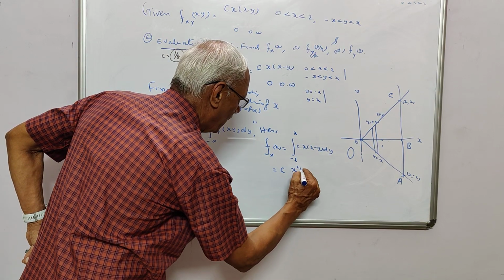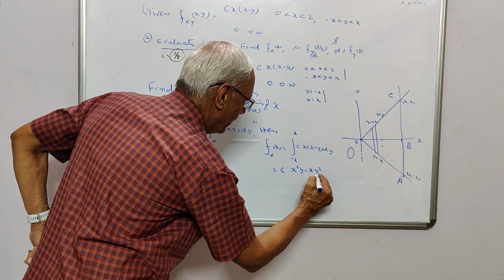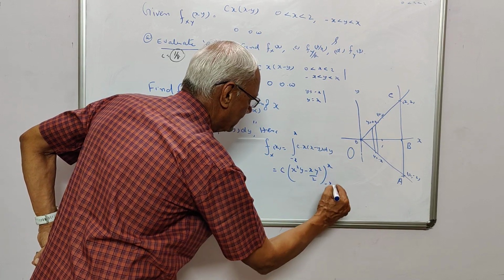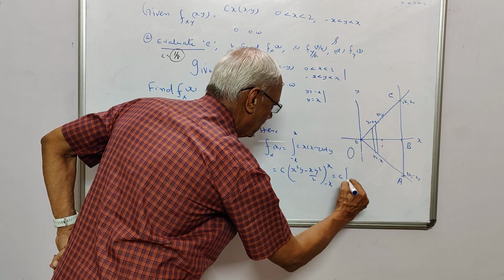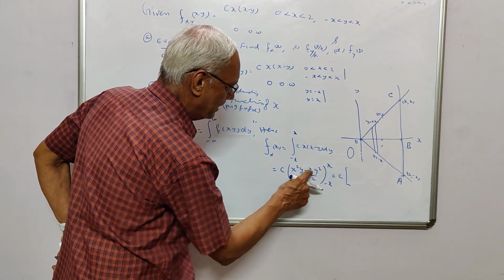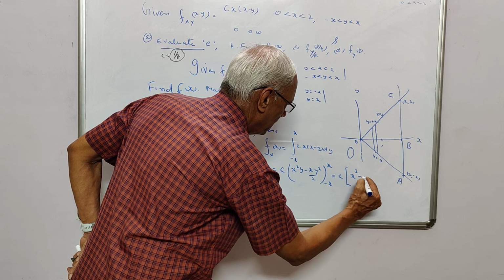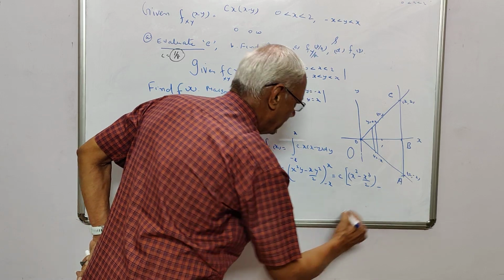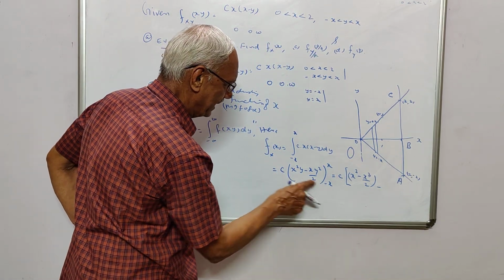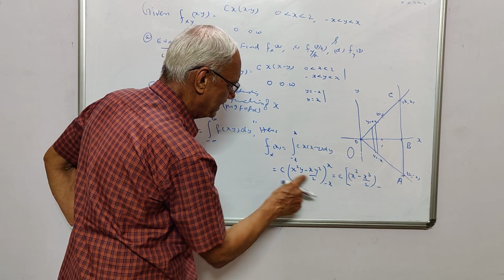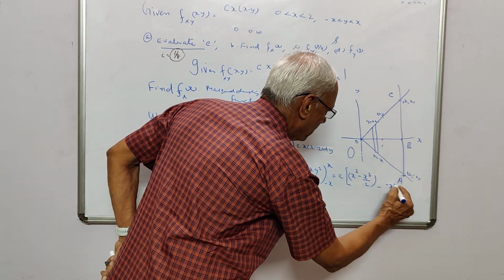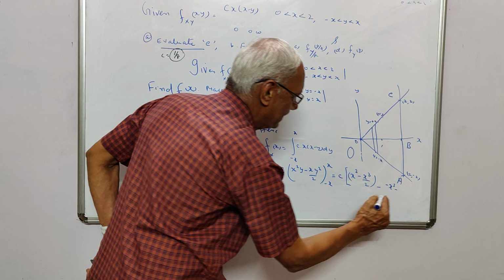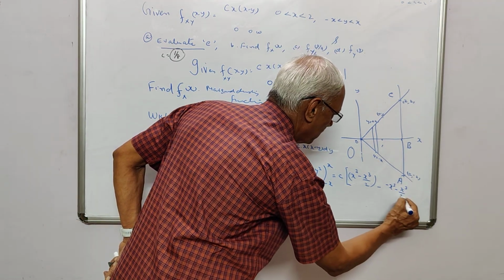So this is x squared y minus x y squared by 2, and the integration limit is minus x to plus x. So this is equal to c. If you apply this first limit, it is x cubed minus x cubed by 2, minus, if you put y is equal to minus x, then minus x cubed, minus, it will be a plus x squared, it is minus x cubed by 2.